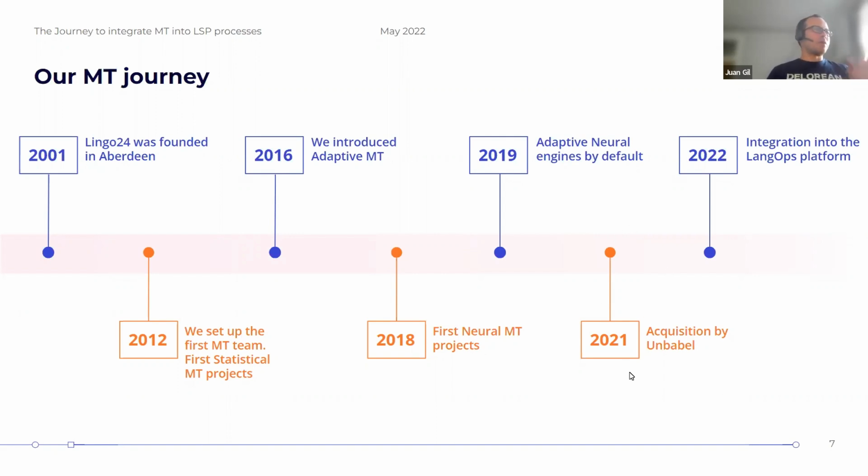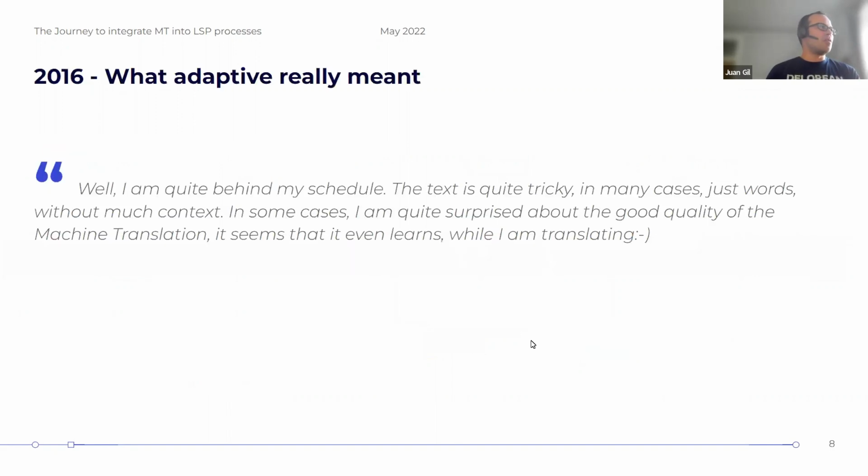Now, that was the first step, but then things started to get a bit better. This is 2016. We introduced adaptive engines, adaptive statistical engines, which was quite a lot of work. For those who don't know, adaptive means that it learns while you translate.